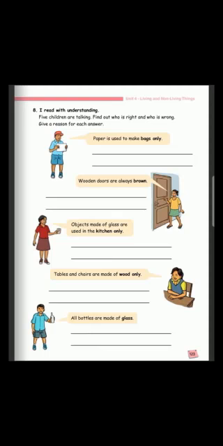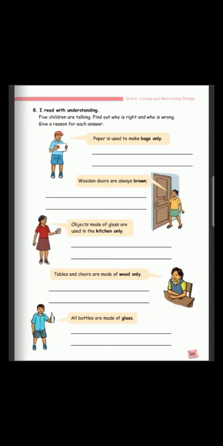Paper is used to make bags only. Donc, il dit qu'on utilise papier pour faire des sacs seulement. Seulement des sacs en papier. Est-ce vrai? Is it true? No. So the first child is wrong. Why?